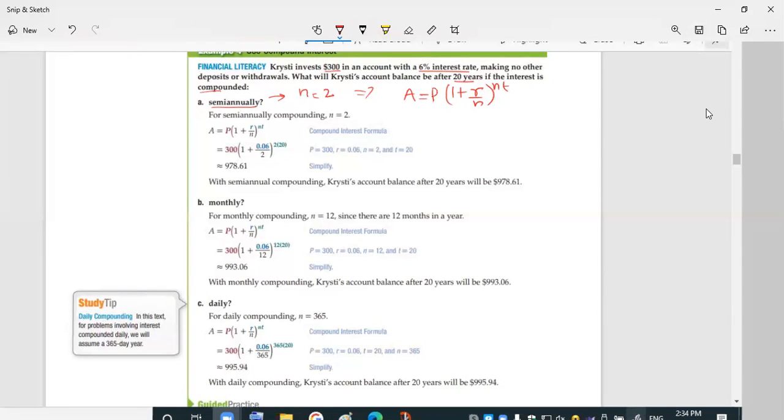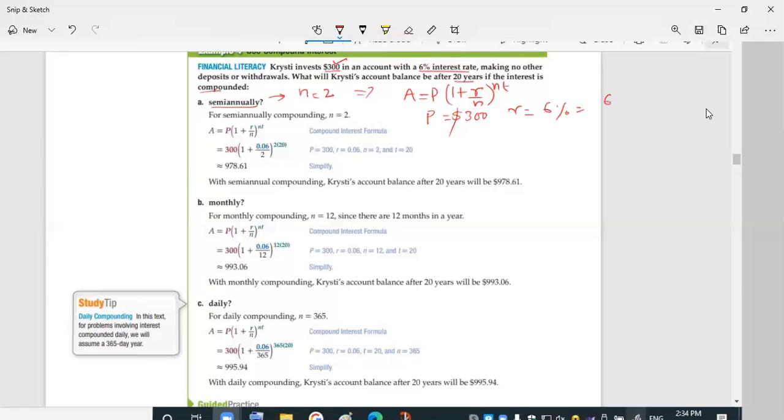Here time is 20 years. P is the amount invested, that is P is equal to $300. And rate of interest R is always converted into decimal.